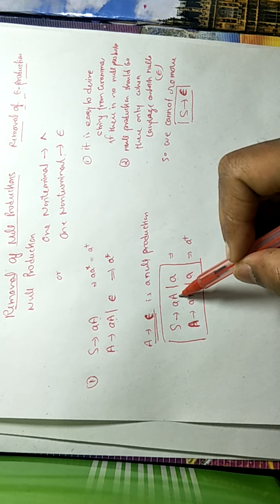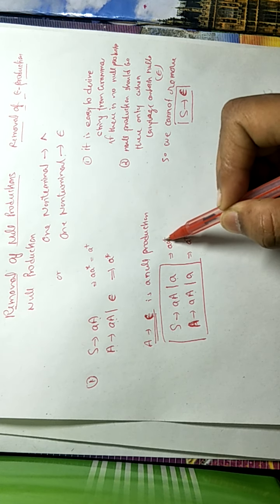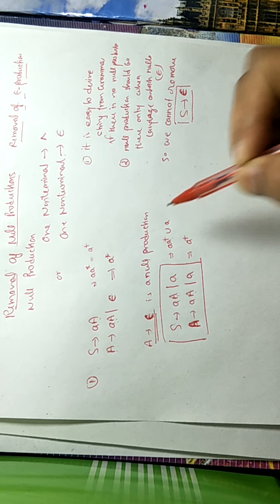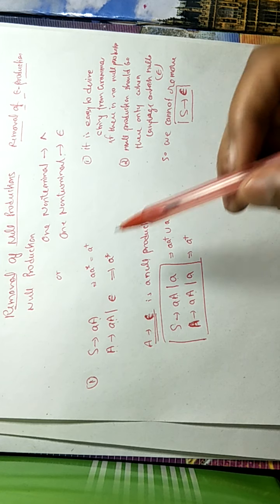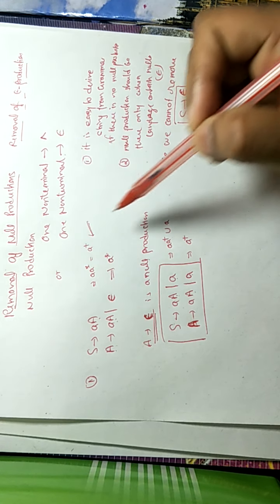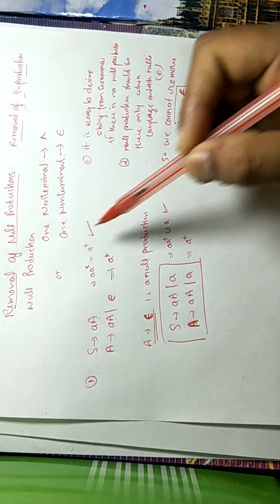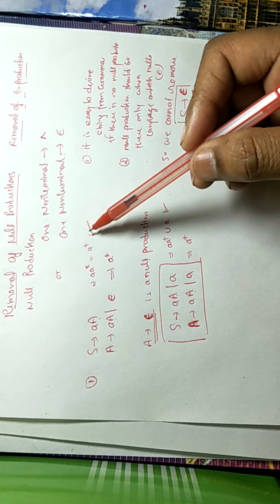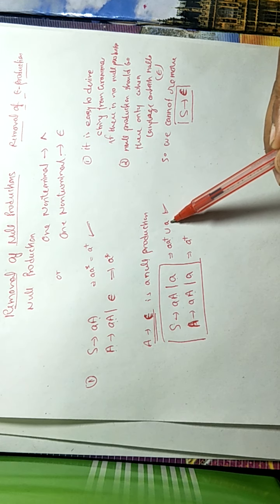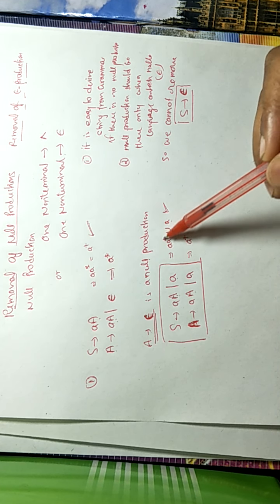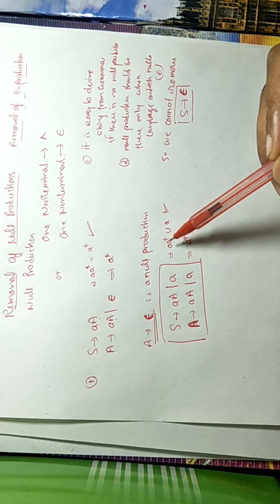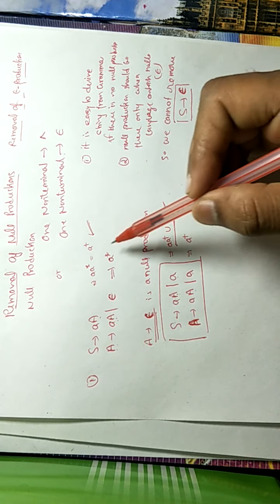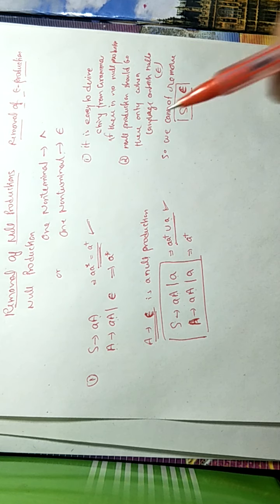By putting a closure we will get a positive closure here, and S tends to a, so a union. Look carefully. This language and this language are both the same, because a positive closure contains a, aa, aaa, and here it's a, and from this part we can get aa, aaa, four times a and so on. So the language is the same at both places.